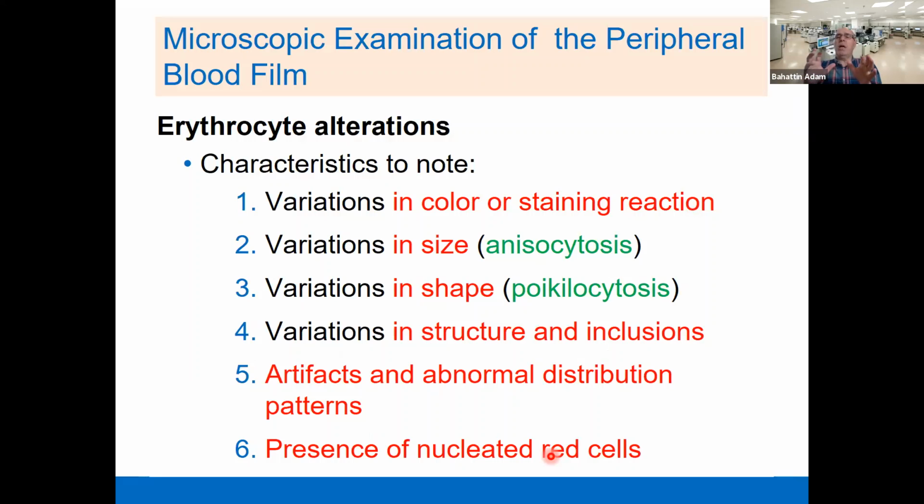What are we going to examine once we take a look under the microscope? As you see here, you have to examine both white blood cells and erythrocytes. I already shared with you the examination of the white blood cells.